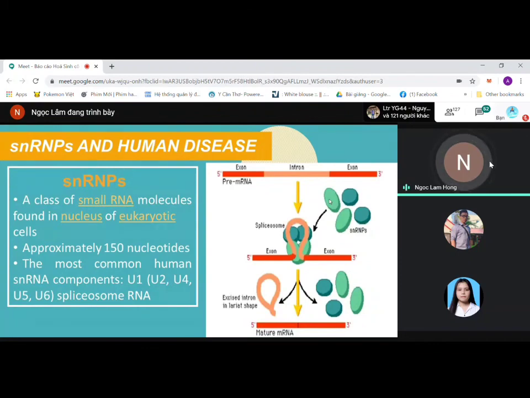And the goal is to transform the pre-mRNA here into a mature and fully functioning mRNA by cutting the introns and splicing the exons together after that.